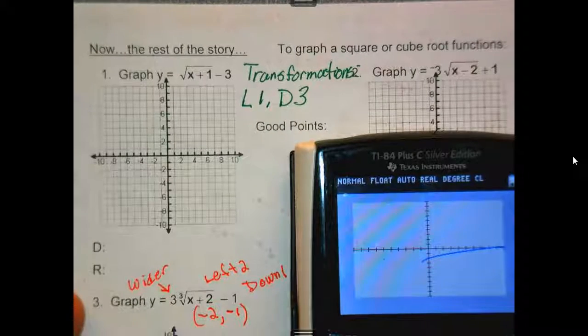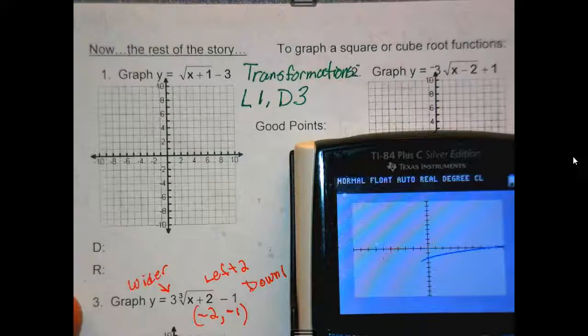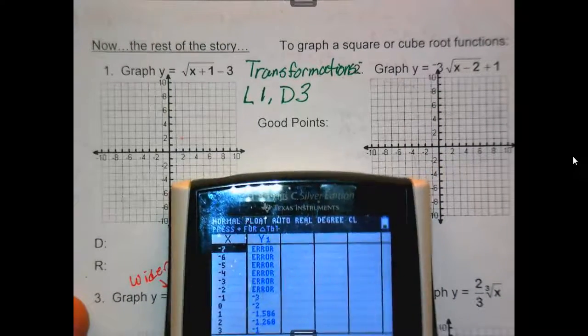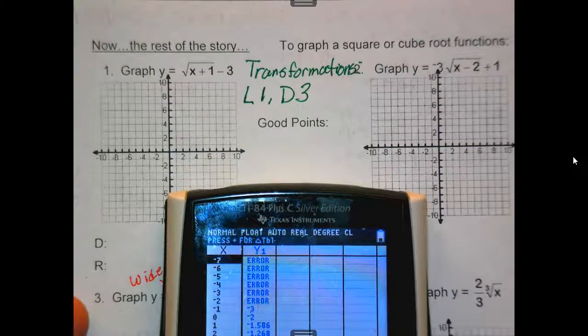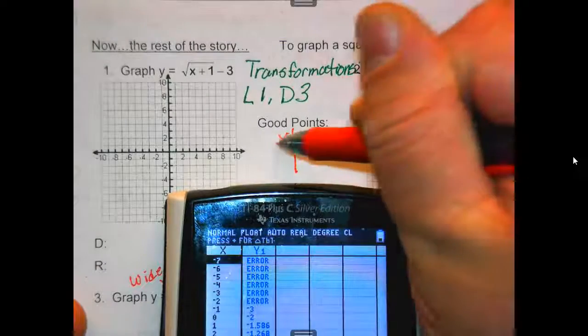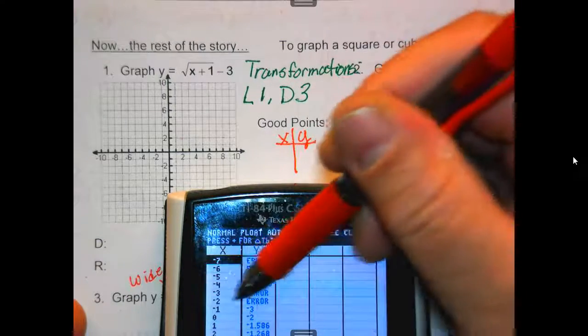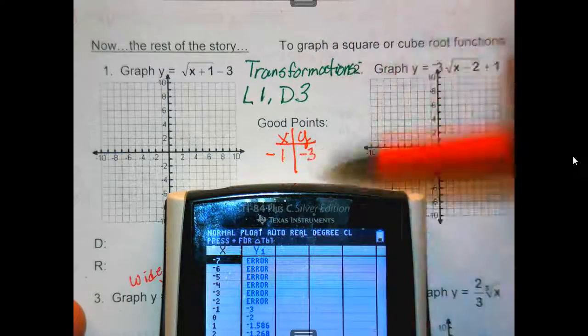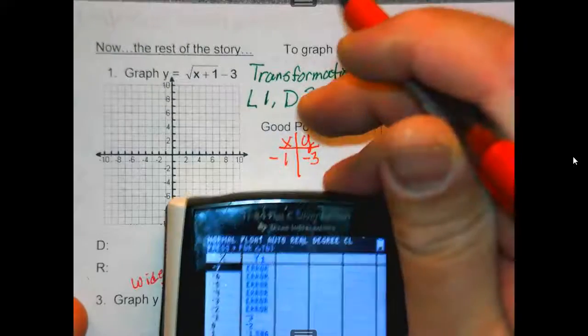All right, so here's my graph. It shifted to the left one, down 3, my HK, my 0, 0, right? Let's get some good points so we can accurately graph this. The square root, so we're going to have some errors. Let's get some good points. Let's see, -1, -3 is a good point. 0, -2.